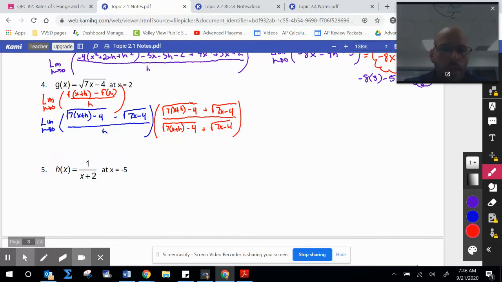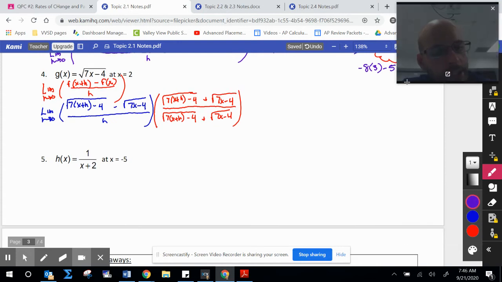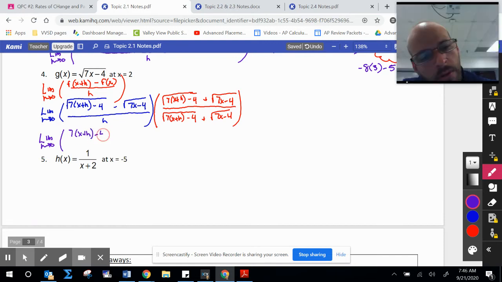Now the nice thing is when you distribute this conjugate, it's a difference of squares. So I'm going to just get the top part without the radical. You have to be very careful with your negatives here.